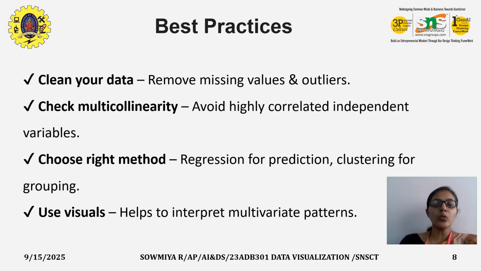Then third one is choose the right method. Regression for prediction, clustering for grouping, and PCA for dimensionality reduction. Then fourth one is use visuals. Always accompany analysis with scatter plots, heat maps, or bubble charts to make the interpretation easy. In short, good data in and good insights out.